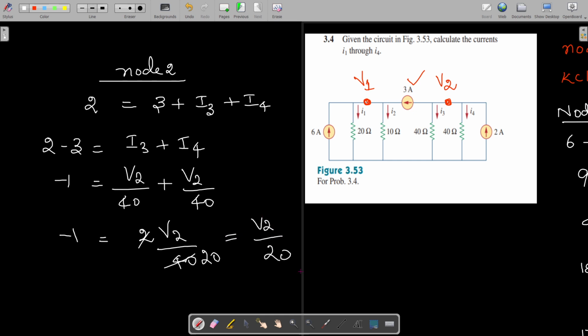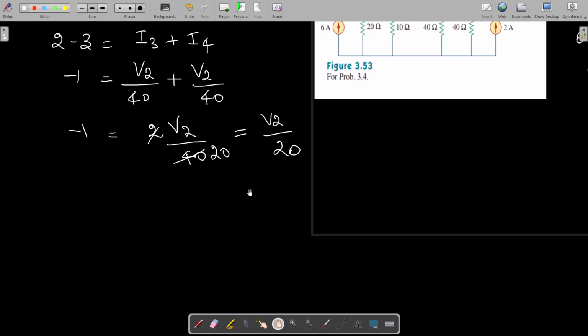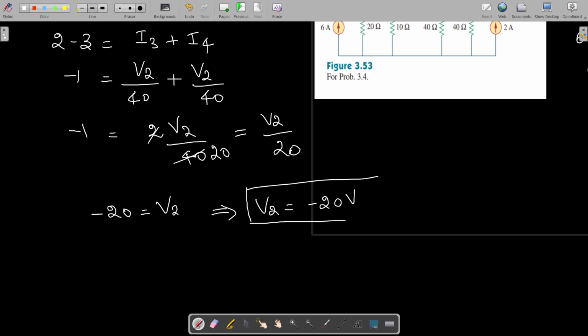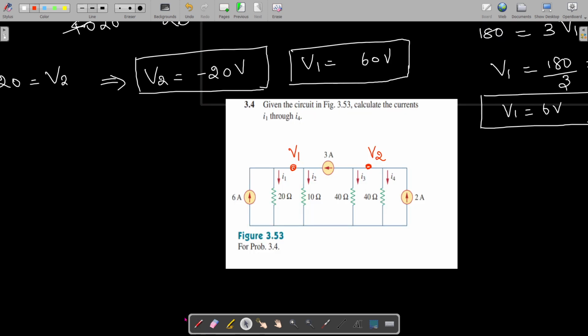When you cross multiply this 20 with this minus 1, we get minus 20, that is equal to V2. So V2 is equal to minus 20 volts. So we got these two equations. Already we got V1 as 60 volts, right?